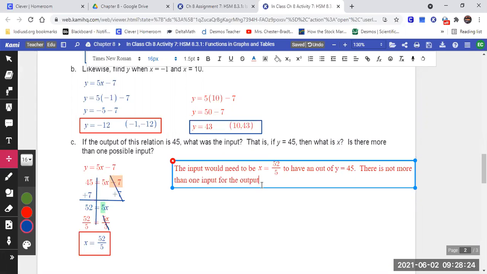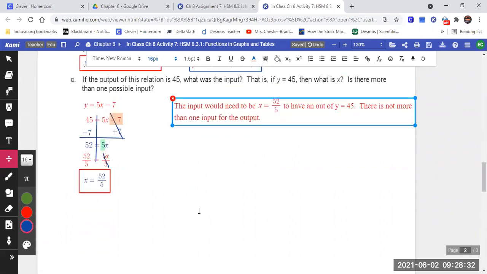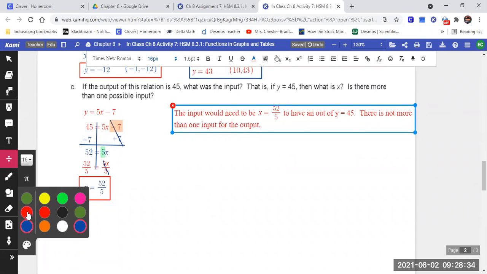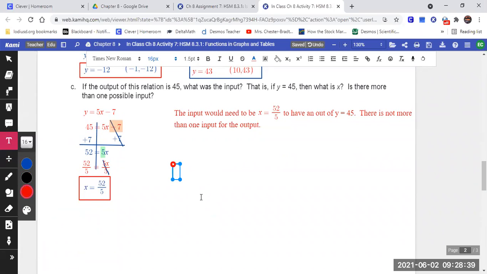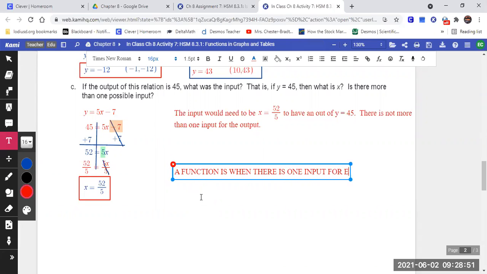Okay, so because there's only one input for each output, that's what makes it a function. Okay, so we're going to put in great big capital letters in red: a function is when there is one input for every output.